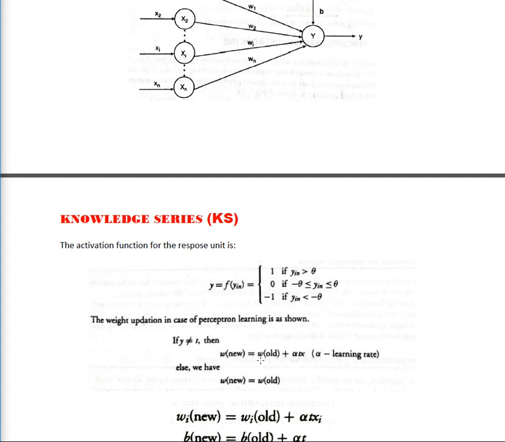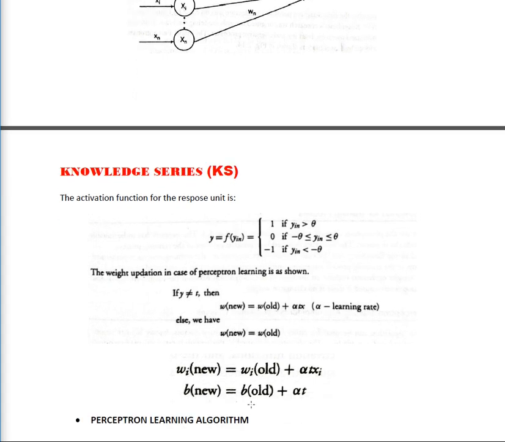You can also see that b new is created, bias new, which is bias old plus alpha into t. Here you will not find x, because we have already taken the weight of b to be equal to 1. So we are not defining x here, it is only alpha and t.